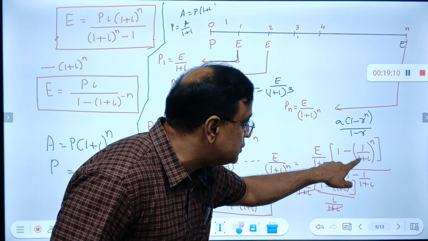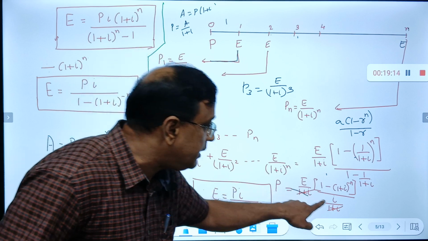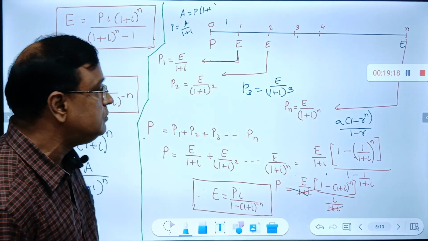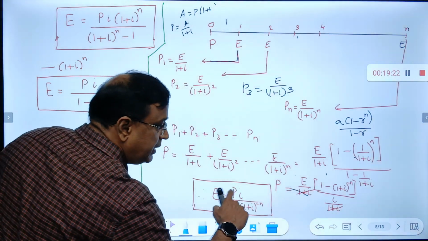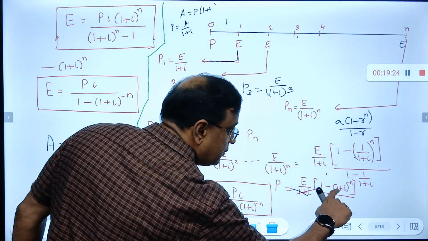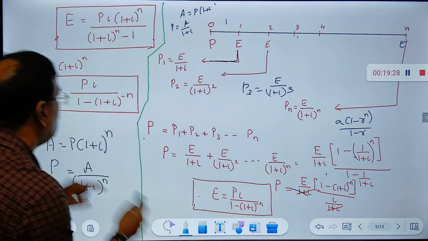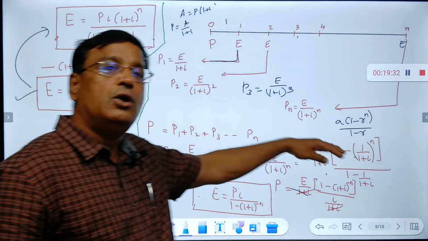If you simplify this, you can take this up and write it as (1+i) power minus n. The i and i cancel, so you get Ei. So, from this, what is E equal to? E = Pi divided by (1 - (1+i)^-n). That is exactly what you got. So, from this, you can always go back to this. So, either you can follow this derivation or you can follow that.